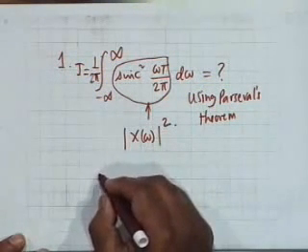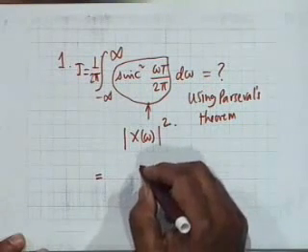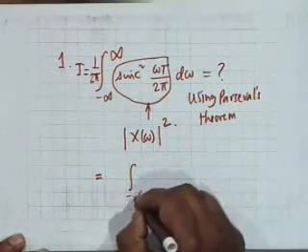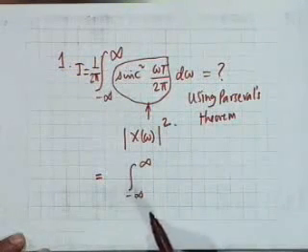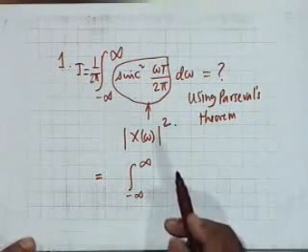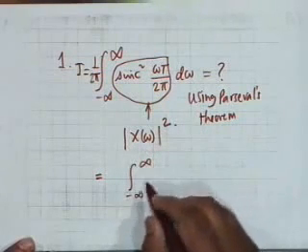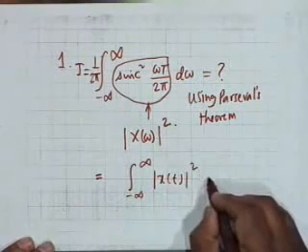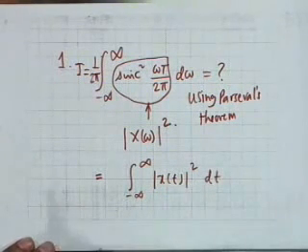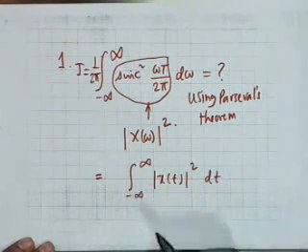then Parseval's theorem states that this is equal to the integral from minus infinity to infinity. This is the energy in the spectrum, and by Parseval's theorem, it would be the energy in the time domain, that is, the integral of x of t squared dt from minus infinity to plus infinity.